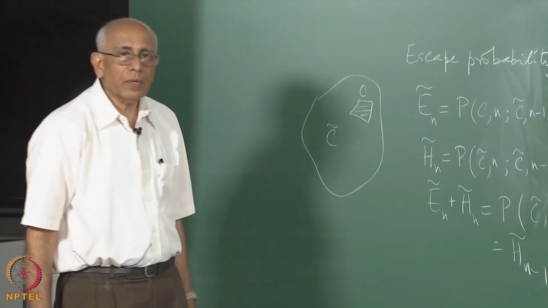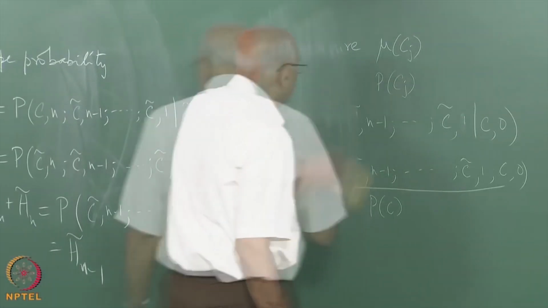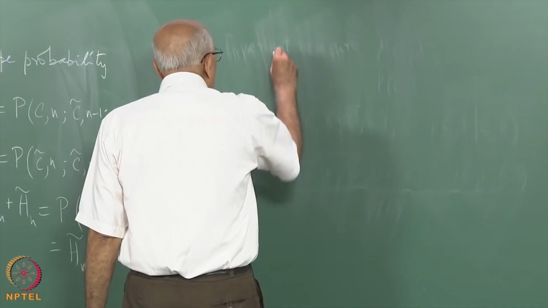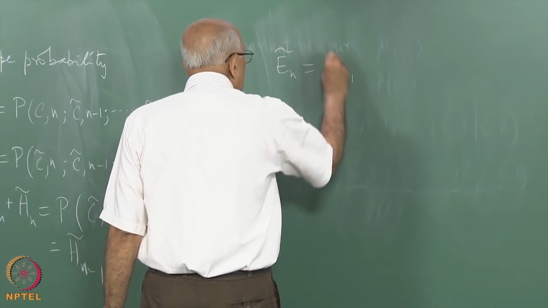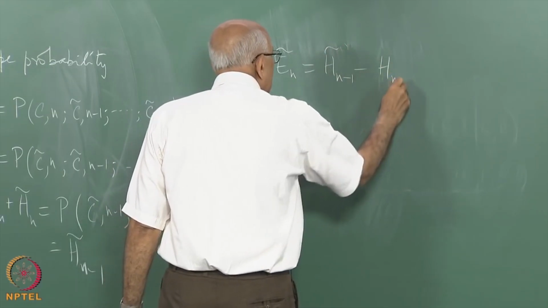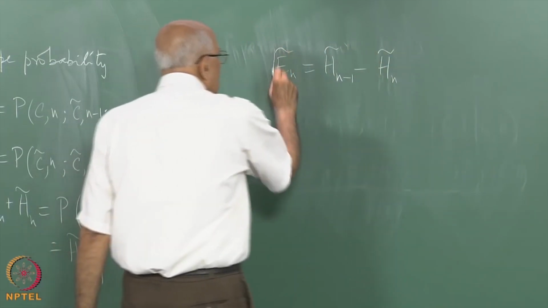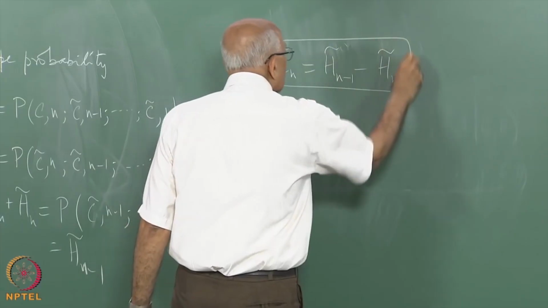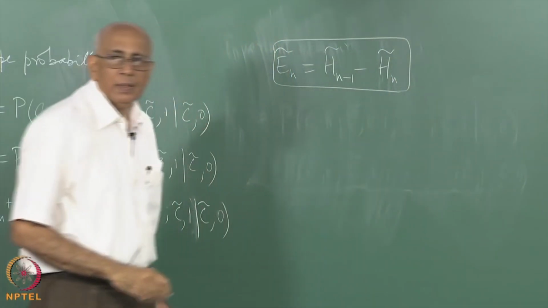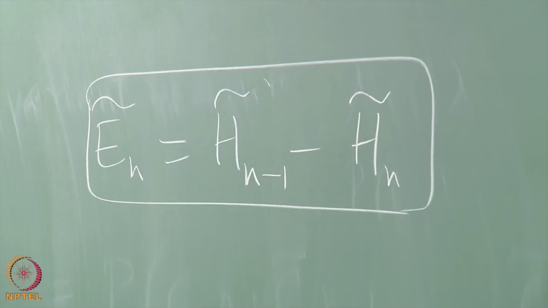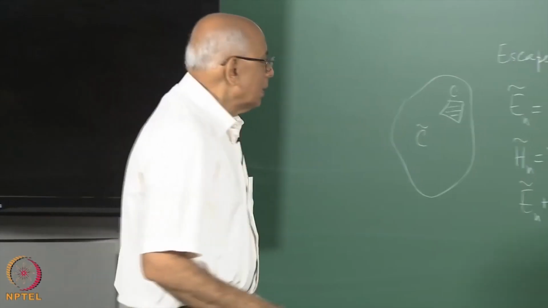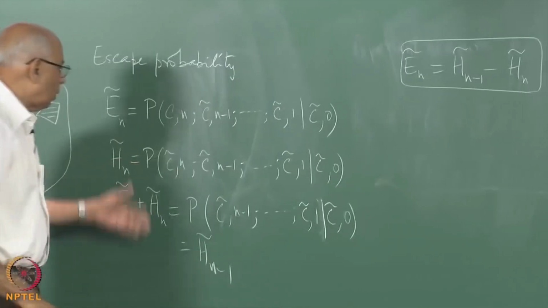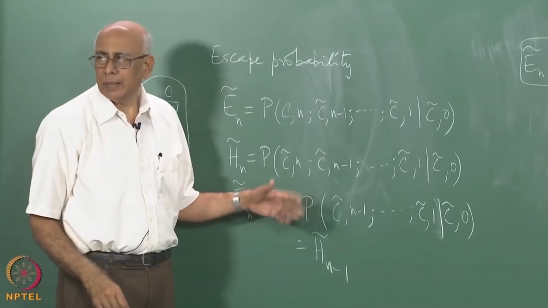So that gives us our first result, which says that this escape probability E n tilde is equal to H n minus 1 tilde minus H n tilde. So it is the first difference of the stay probability. This is like minus d over dt, it is real in the continuous case. Okay. And it is physically very clear, but all you have done is to conserve probability.